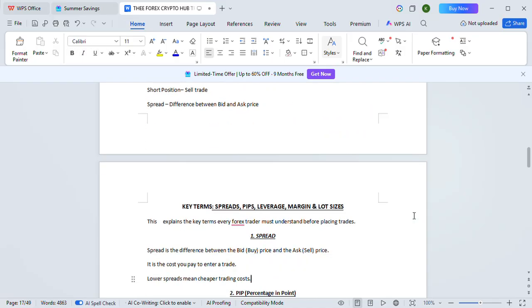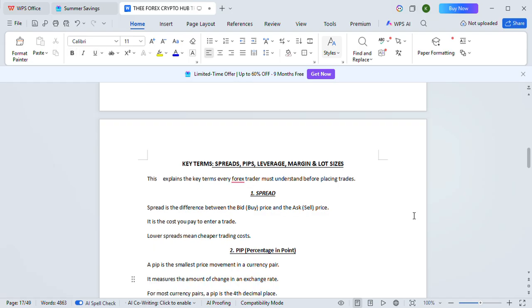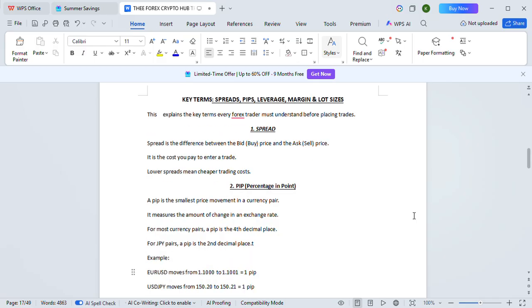So key terms, this explains the key terms every trader must understand. The first one we are going to check here is spreads. What are spreads?